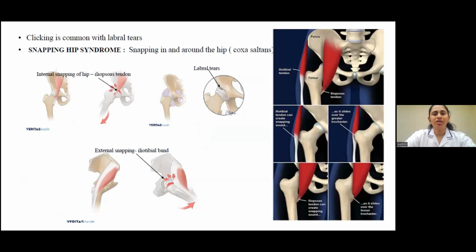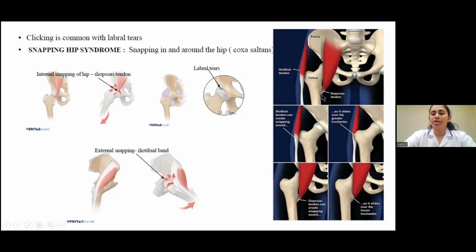Though we might not necessarily come across so much of snapping hip syndrome, normally called Coxa Saltans, here what happens is whenever there is a movement, the iliopsoas tendon grinds over the greater trochanter.